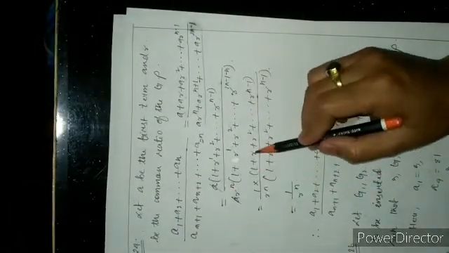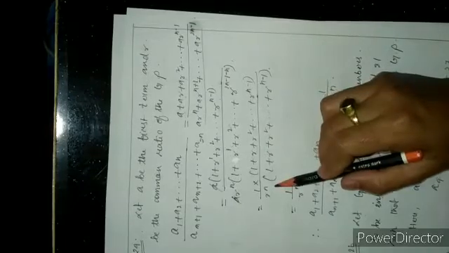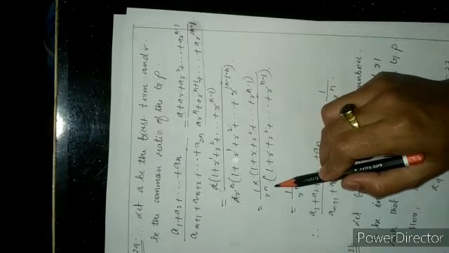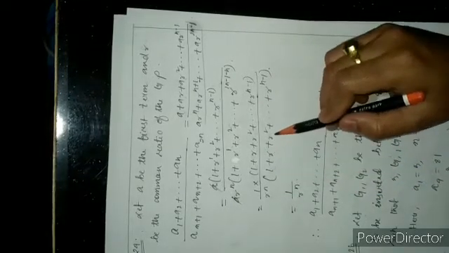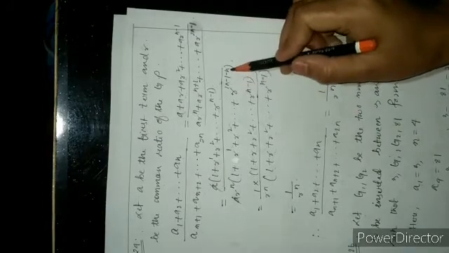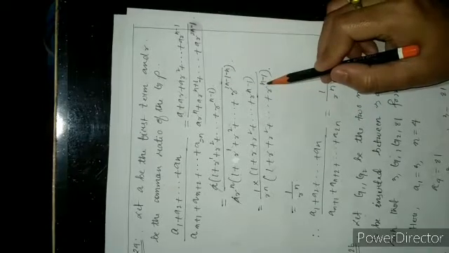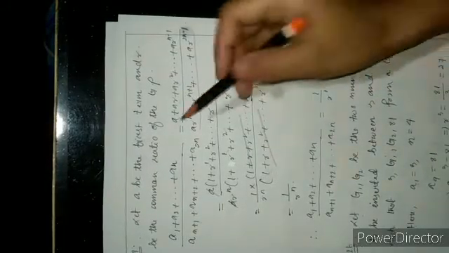Subtracting, we get 1 plus r square and r to the power n minus 1, and the expression cancels.